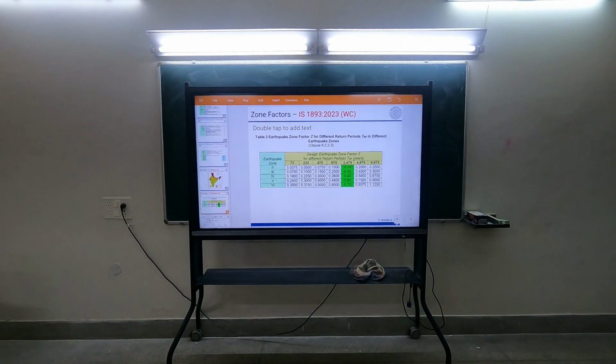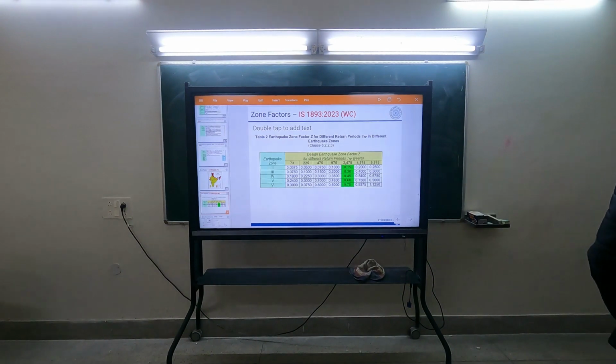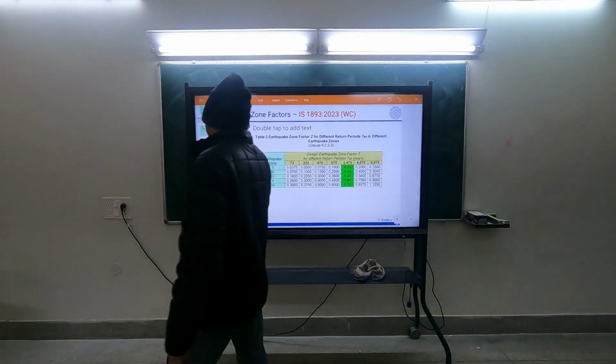In zone 4, what is the value of EPGA? 0.36, and the proposed value is 0.45 for Roorkee. In which zone is Roorkee? Just now I told you.